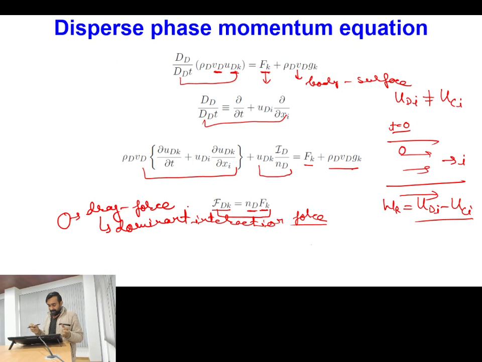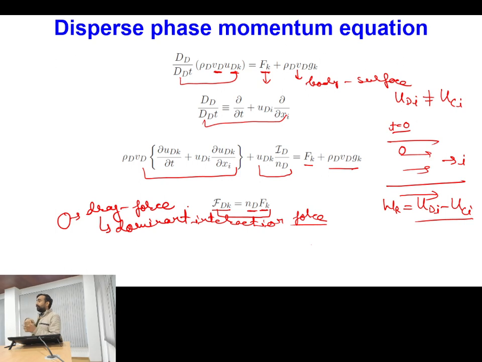So if I have to find the particle relaxation time in this scenario, what will happen? When the particle is changing its velocity from zero velocity to the condition where it is trying to minimize the relative velocity with its continuous phase, in this duration the particle will have certain inertia, and that inertia and drag force will counteract each other.